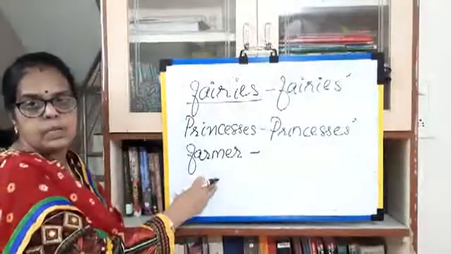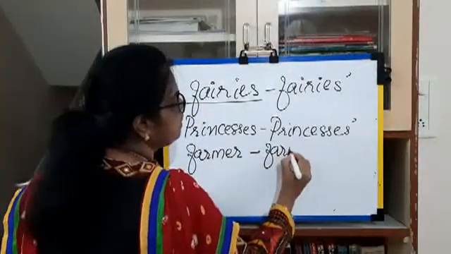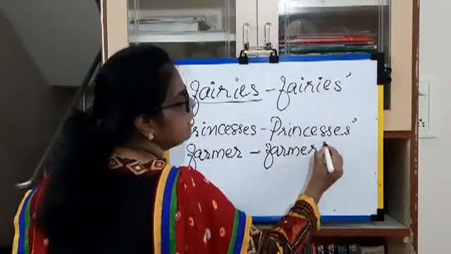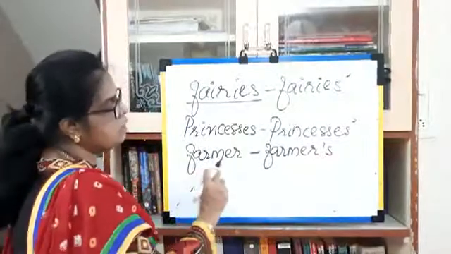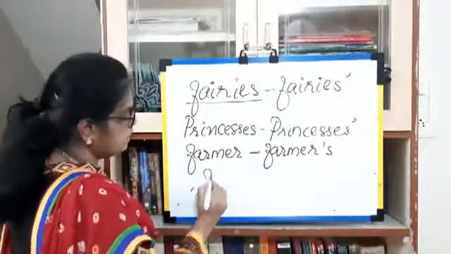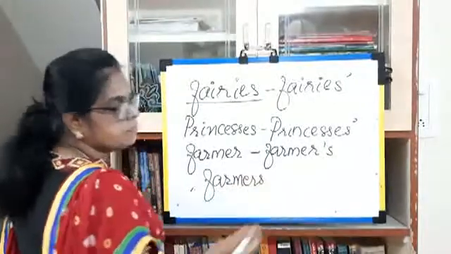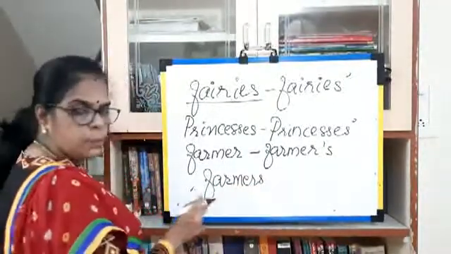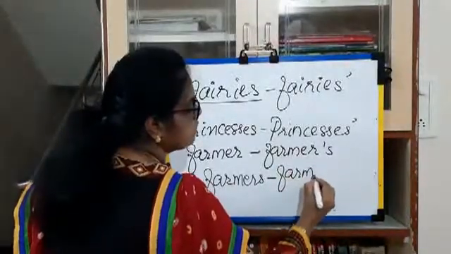Is farmer singular or plural? Singular. See, where do we put that one? Before the s. We put an apostrophe before the s. This is singular. But here it is farmers. This is plural. So where do we put it? After the s.